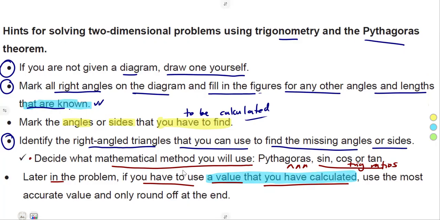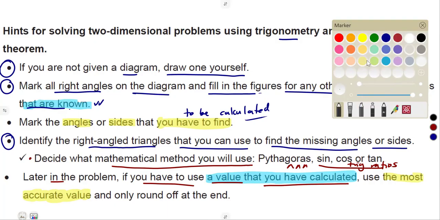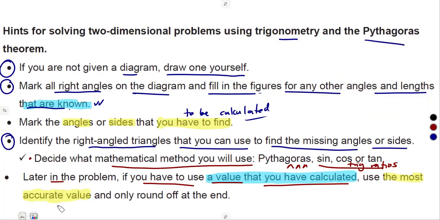They are saying if you are to use a value that you have calculated before, use the most accurate value. You must use exact values that are on your calculator. So it is best for you to store your values.